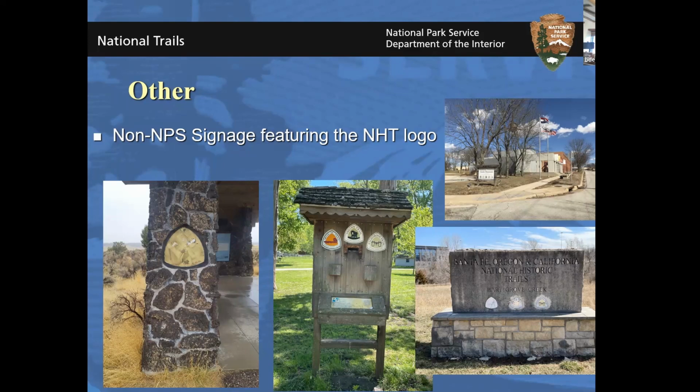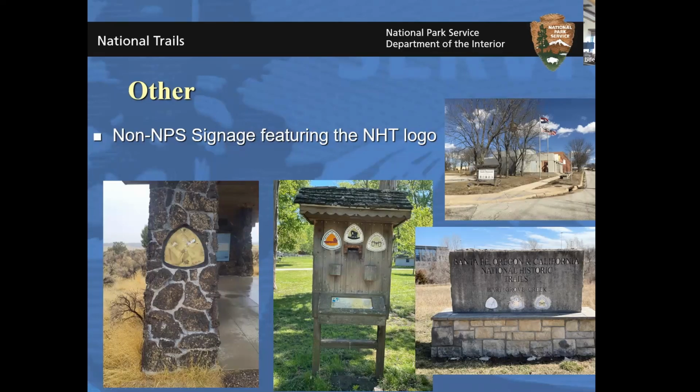So here you can see some examples of those, and some different examples, like here in Idaho, where it was the logo in this rest area stop, and the logo is actually gone, but you knew it was there. And then like the National Frontier Trails Museum, where you can see they're using the logos of the NHTs.